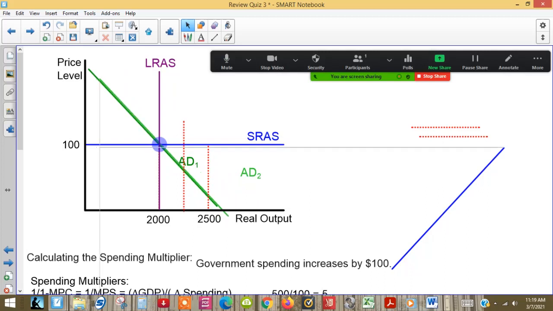If we shifted out to the right, the prices would adjust up, and if we shifted aggregate demand to the left, prices would quickly adjust down, but you would have no change in real output. Okay, and that's if prices and wages are perfectly flexible.